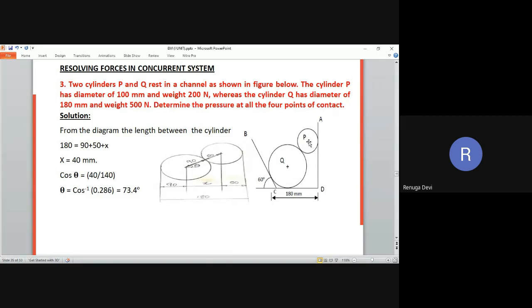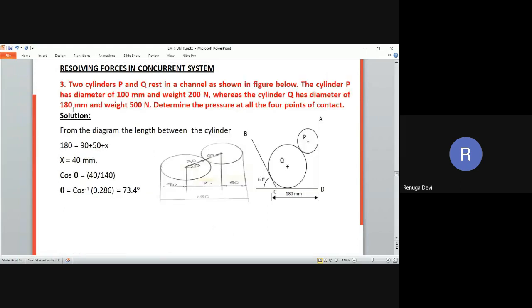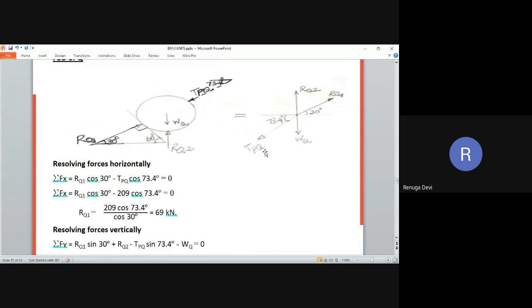These two supports produce some reaction. That reaction is always towards the body, and the body weight always acts down. But this body is attached with another body, so this body's force also acts towards this particular one. So how many forces? 1, 2, and this force is acting down, 3, and the weight of the body acts down always. So you just see now how the forces are acting here.